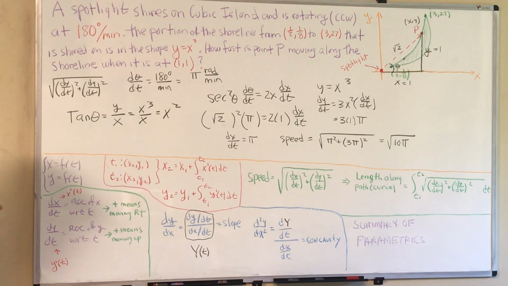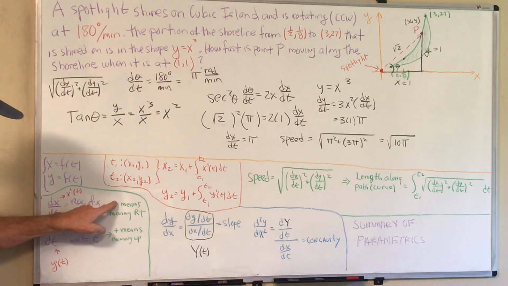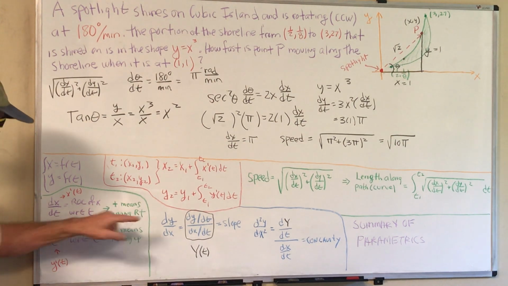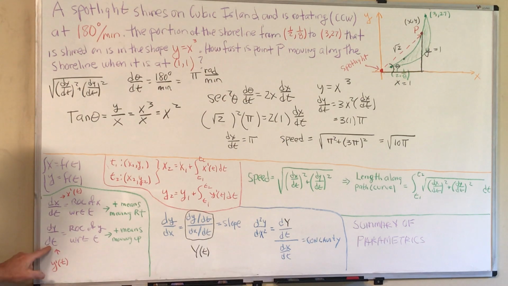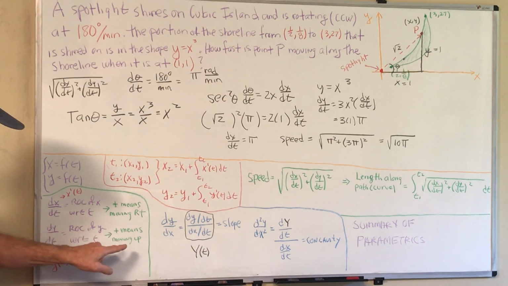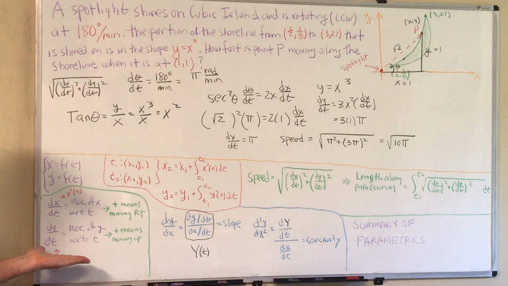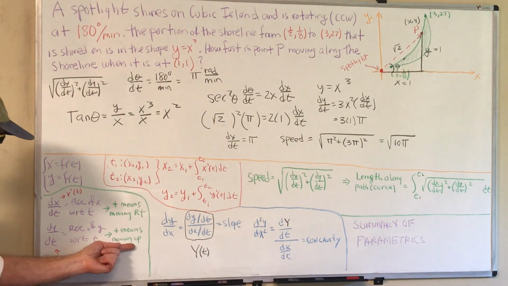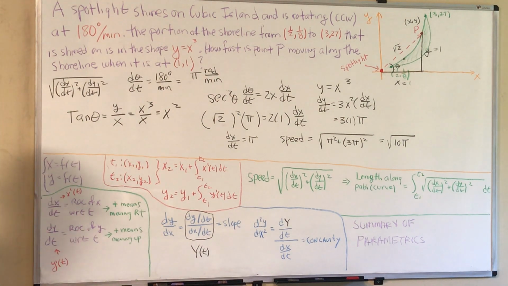So certain things we can find. When dx dt is positive, it means the particle is moving to the right. When dy dt is positive, it means y is getting bigger as t is getting bigger, so you're moving up.